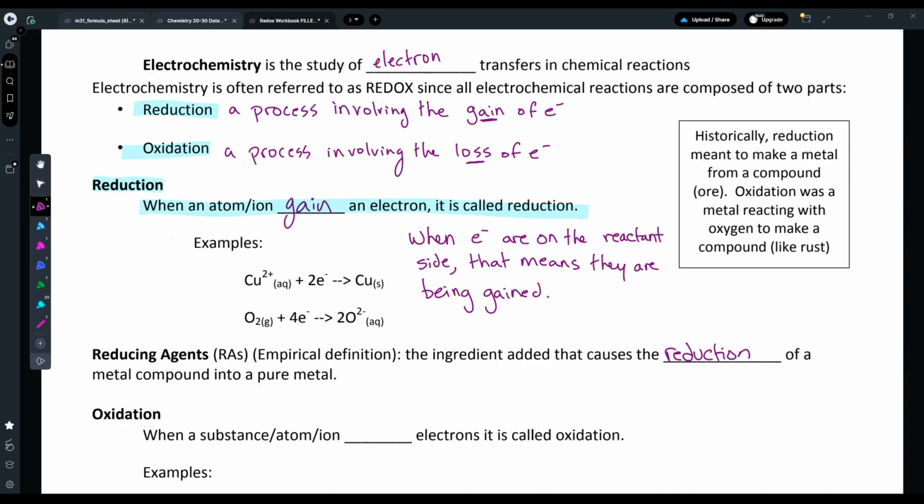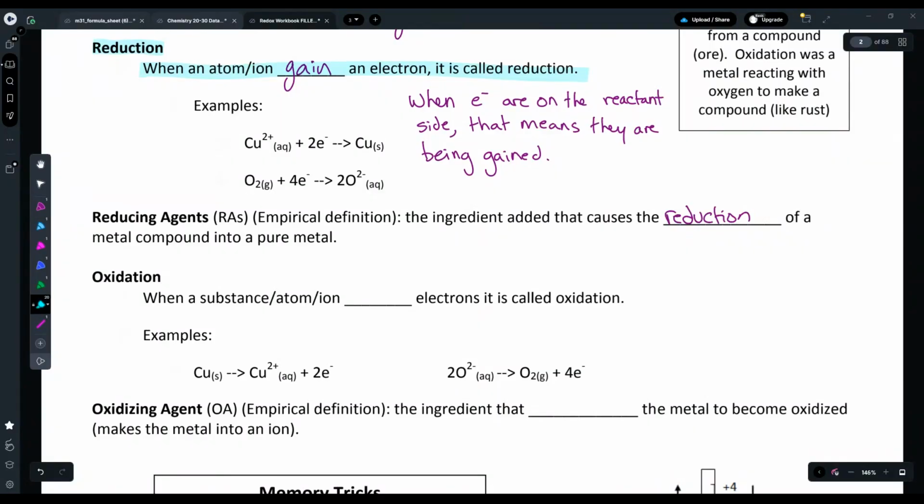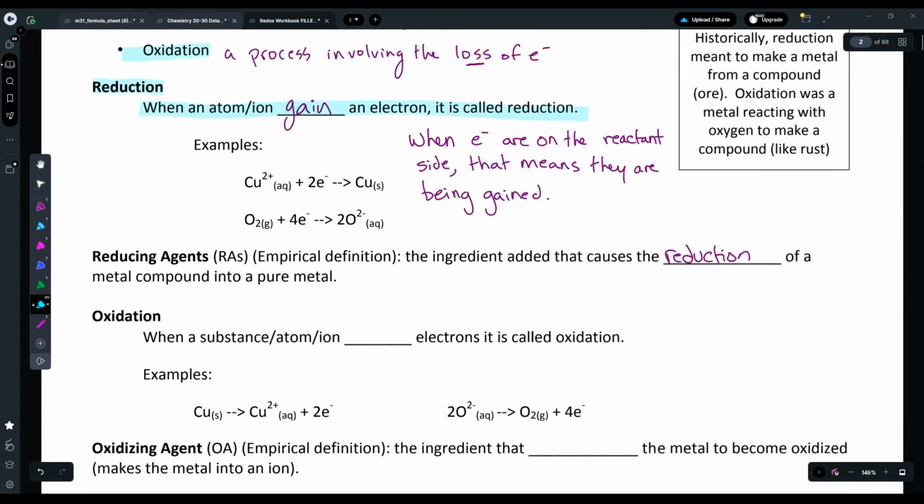That's just a little fun fact. What you should know is what reduction and oxidation processes are. You should also know what reducing agents are. Typically, they get shortened to RAs, so that's my shorthand for reducing agents.